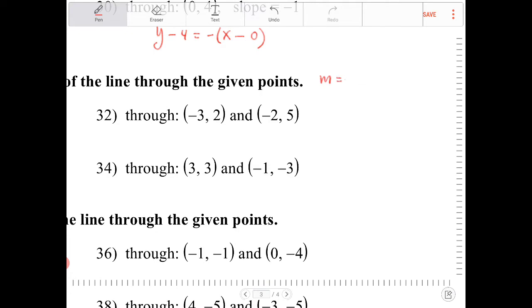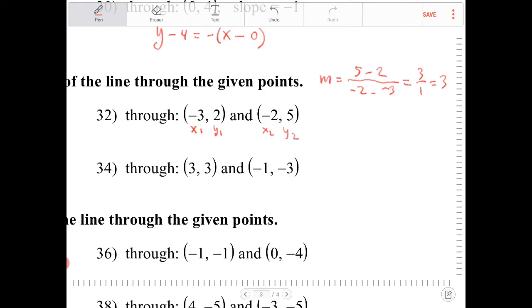To find a slope, I'm going to do x1, y1, x2, y2, and we're just going to apply the slope formula as we saw it in the lesson. So the slope formula says 5 minus 2 over -2 minus -3. And if we perform the computation here, this is simply 3 over 1, or just 3.